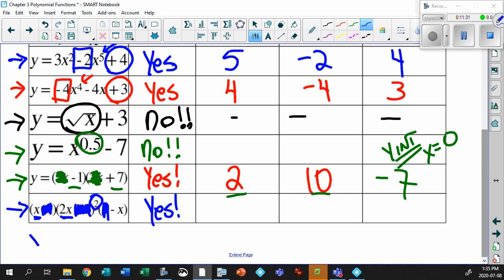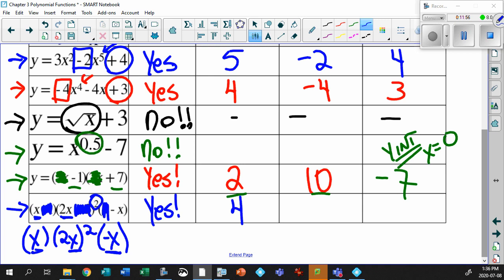So this is x times 2x squared times a minus x. Interesting. So we've got x and x makes x cubed. That makes x to the 4. Neato. Okay, so that's x to the 4. This is a degree of 4.